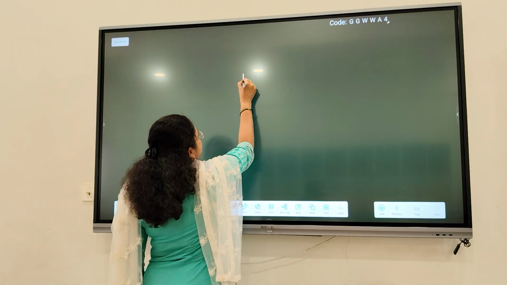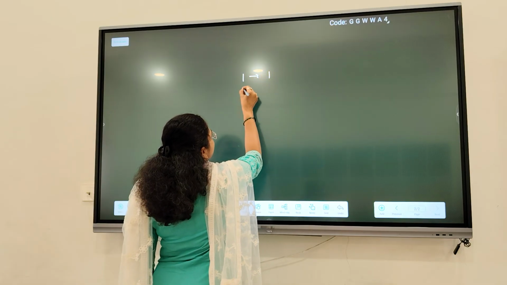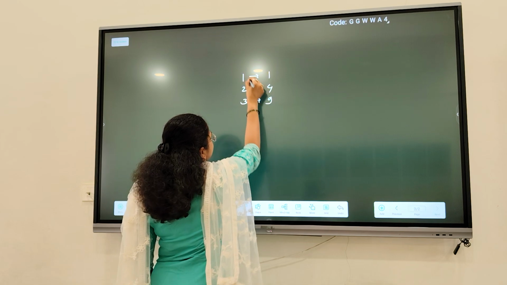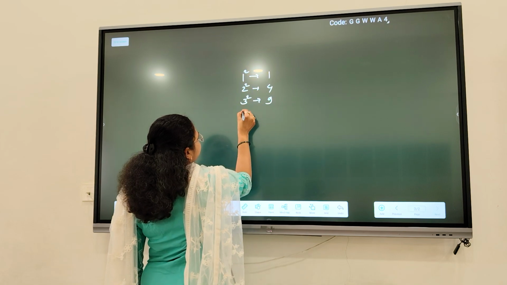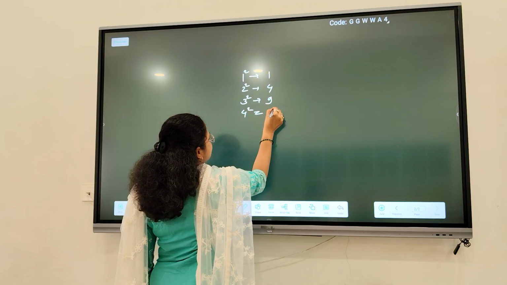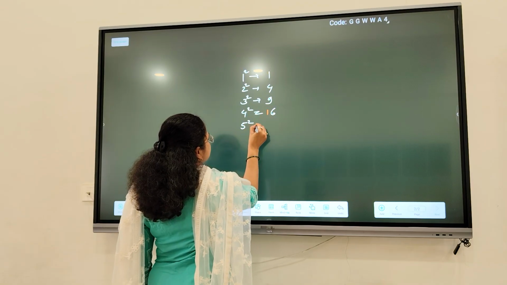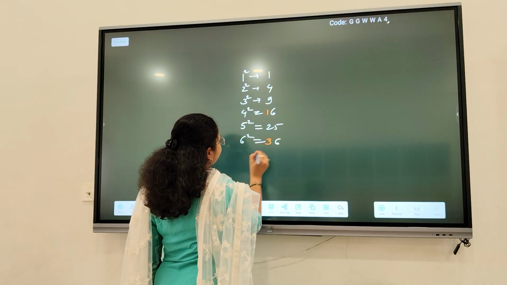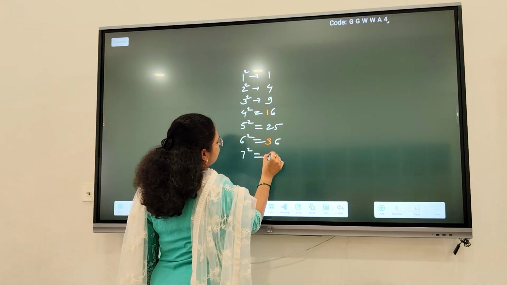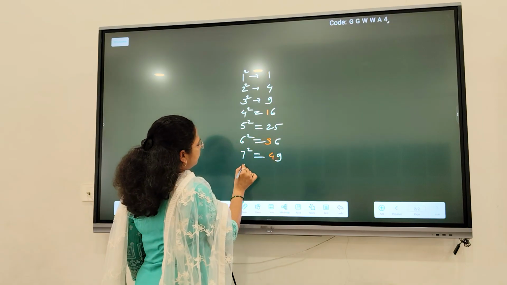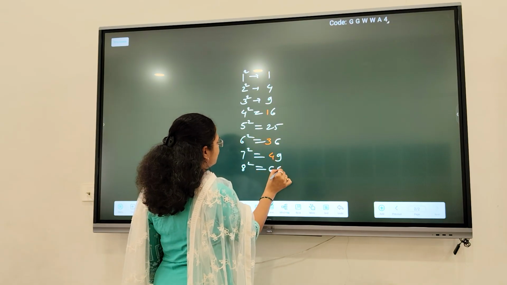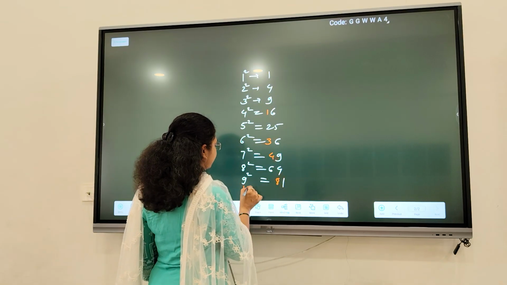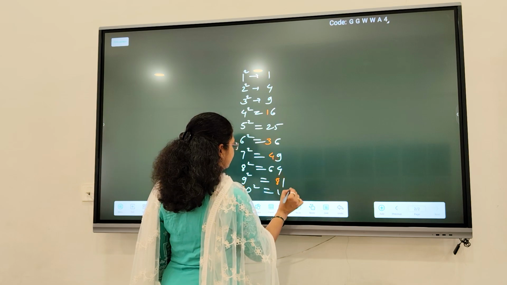Means 1 square is 1, 2 square is 4, 3 square is 9, 4 square is 16, 5 square is 25, 6 square is 36, 7 square is 49, 8 square is 64, 9 square is 81 and 10 square is 100.